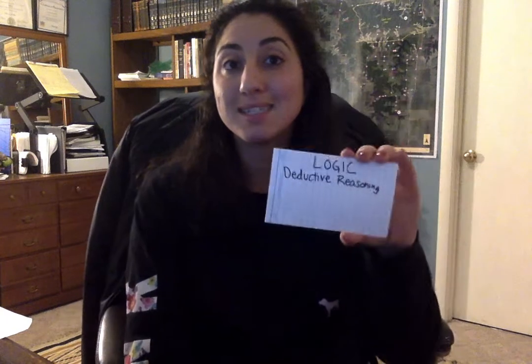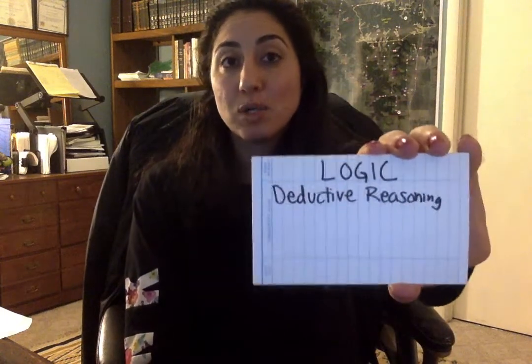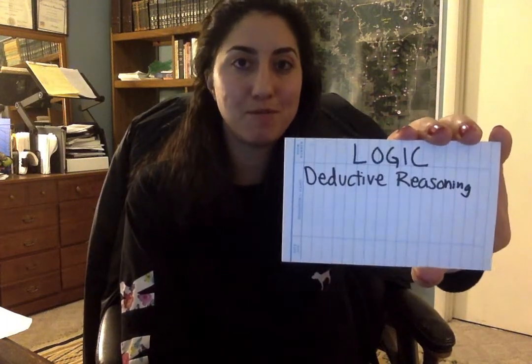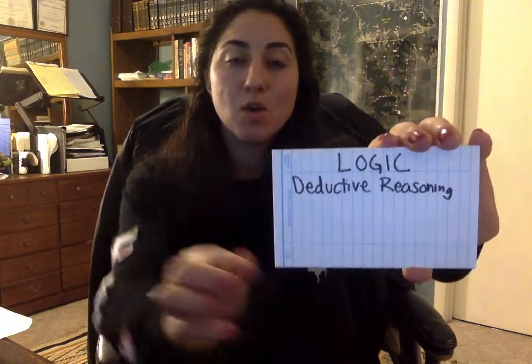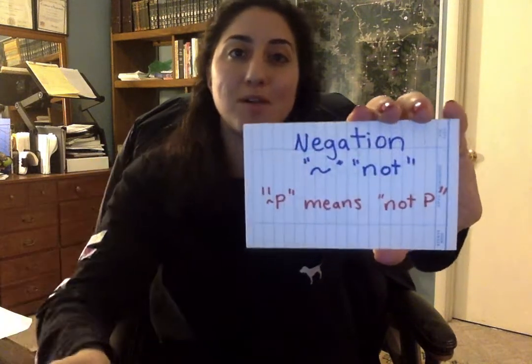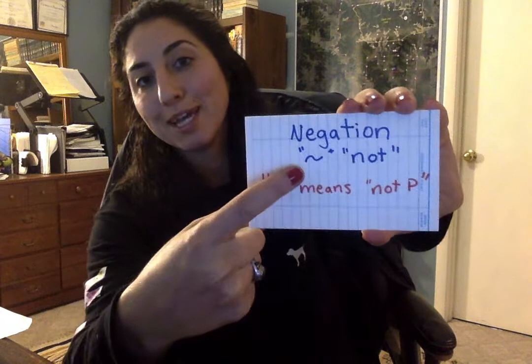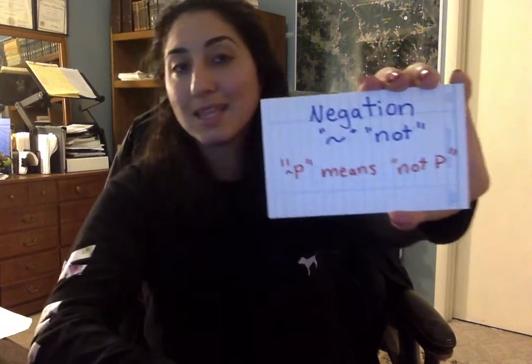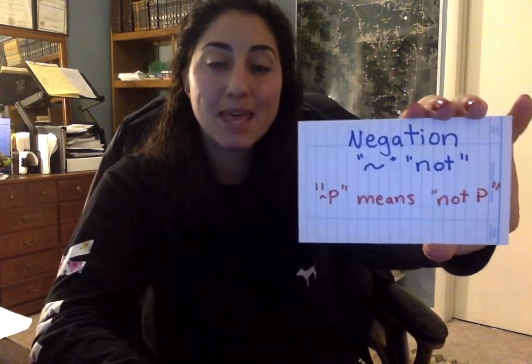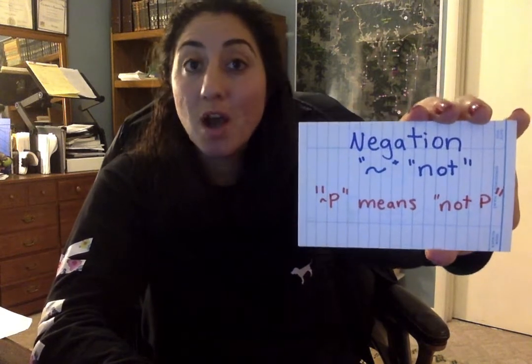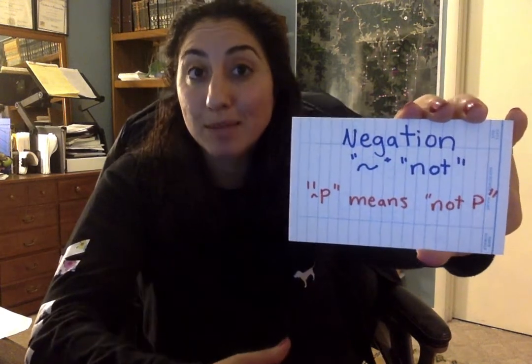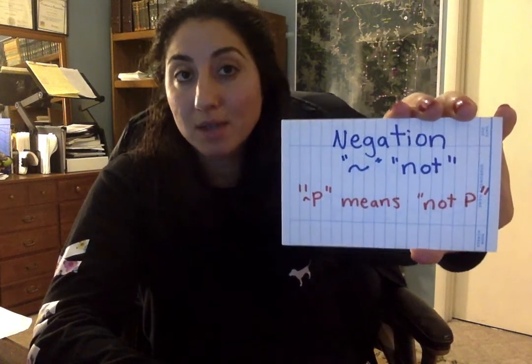Doing logic, you could be thinking inductively, or you can be doing deductive reasoning, which for the most part is where you find the symbols. For example, the symbol of negation, also called a tilde. It's like a squiggly sign that represents the word "not" or the concept of not.